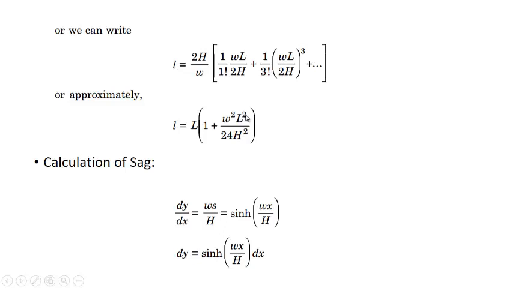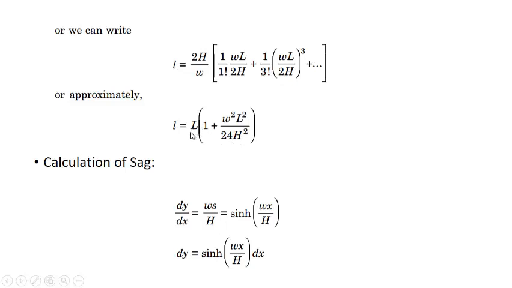This should be L cube. W square L cube divided by 24 h square. So please try to correct this. No, this is L square because it has taken L outside. It will be actually L plus W square L cube divided by 24 h square.